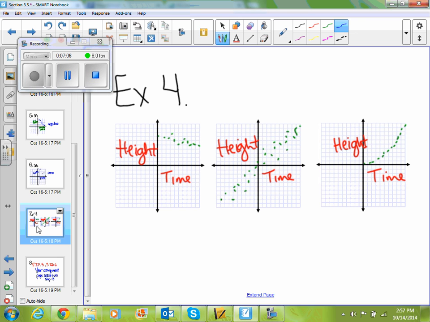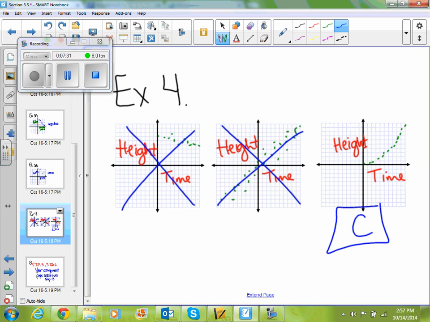Like, would my plant start really tall and then go down? No, right? That wouldn't make sense. If it's a seed, it should start at like nothing. Would my height be negative? No, right? You can't have a negative height. So that tells me that my height has to start at 0, but then over time my plant grows. Right? So it would be graph C would be my answer. And what type of correlation is that? Positive.